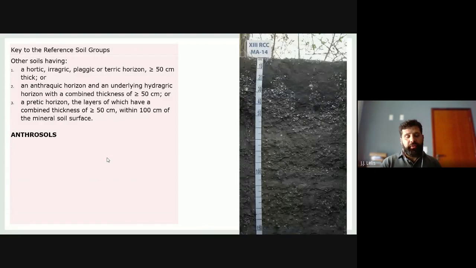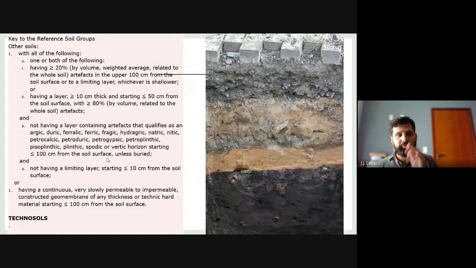We also talk about the anthrosols, those soils that are formed by ancient human societies. And we also talk about the technosols, those soils that are formed by modern societies. In the next week, we start to discuss the other reference soil groups, okay?